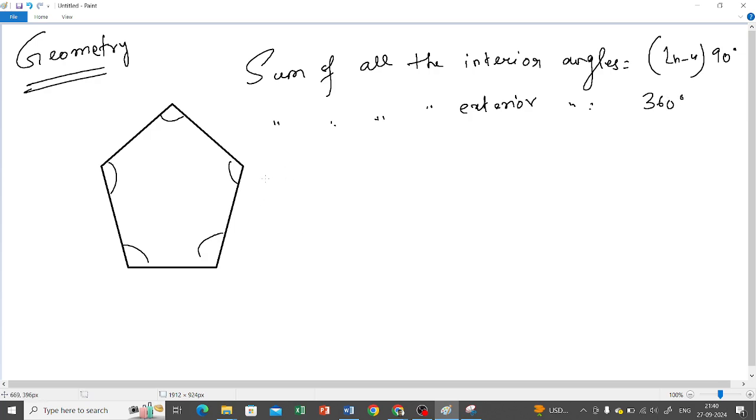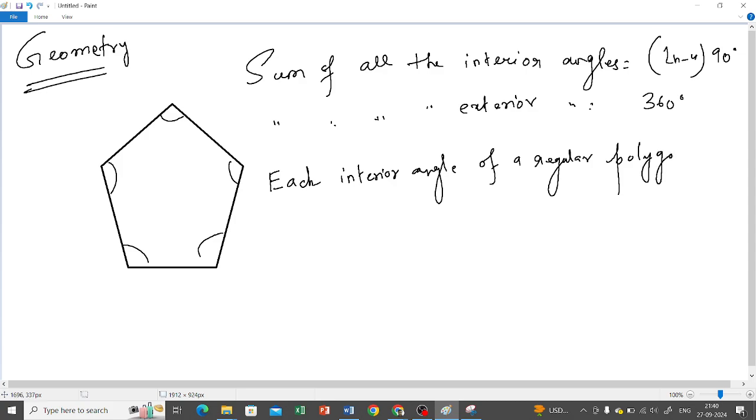Okay, now each interior angle of a regular polygon.